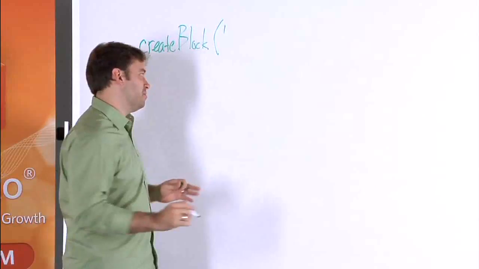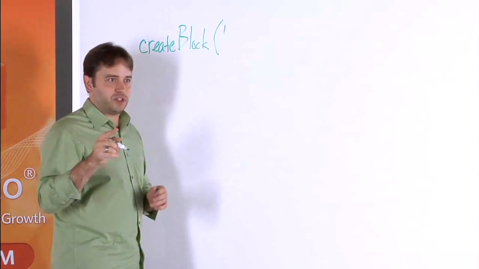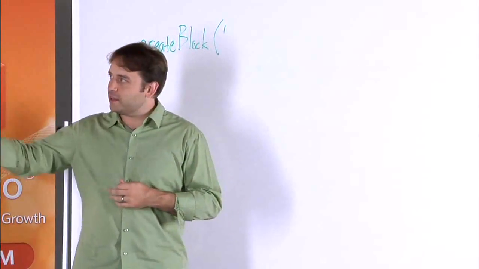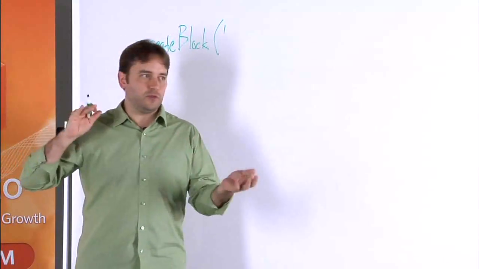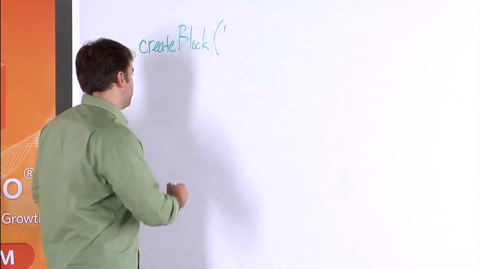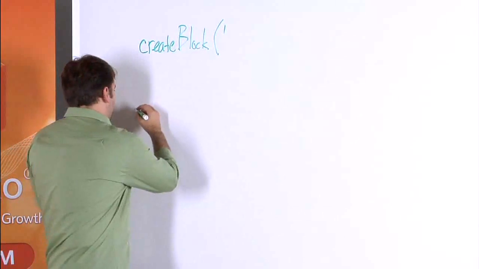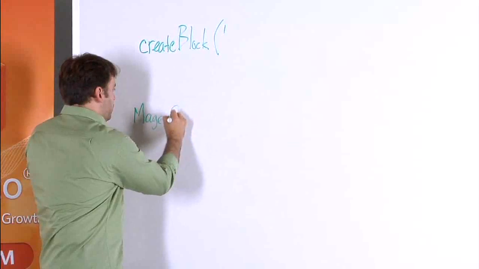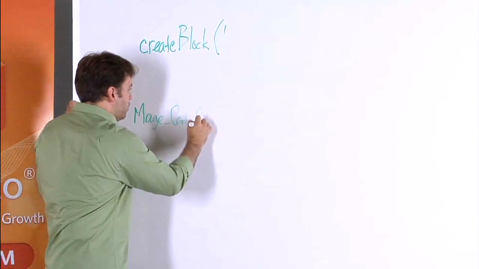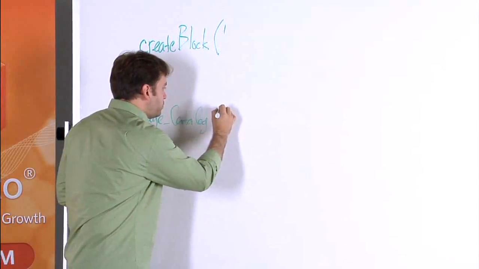This is used everywhere in Magento. But just as a preview, to get you thinking about how the file system maps to these factory methods, we'll take, for example, Mage catalog block.